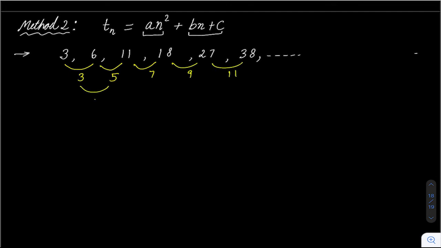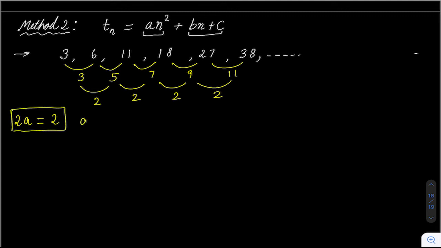Then we find the second difference, that is 2, 2, 2. The second difference is the same, so I am sure it's a quadratic sequence. Now the a value is found using the same thing. The second difference is equal to 2a.